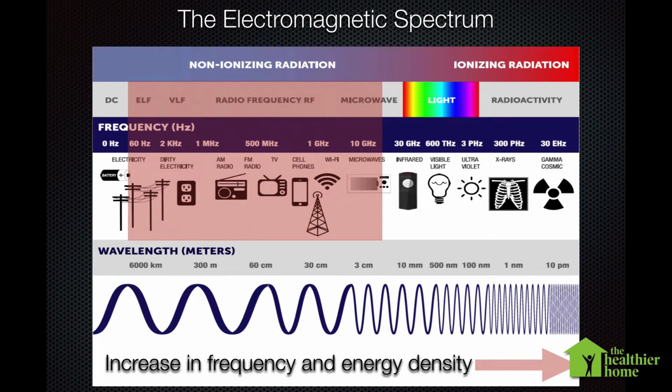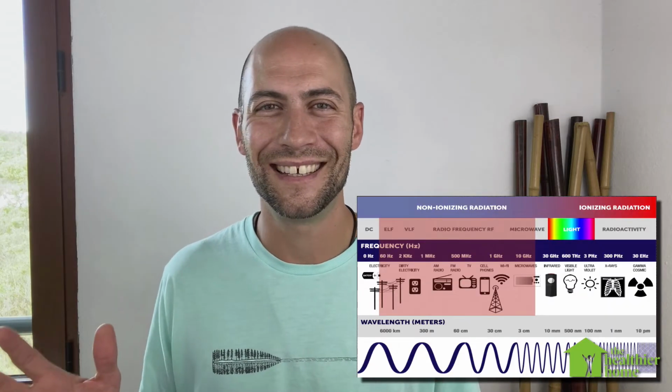At one end of the spectrum, in the lower frequency EMFs, we have the electricity that's coming into our homes, and moving through this red box, we get higher up into our radio and television, to our megahertz wireless signals, and further up into our cell phones and Wi-Fi, into the higher gigahertz, and it keeps moving up. So that's the electromagnetic spectrum. This is the part that we're going to be looking at when we talk about EMFs.